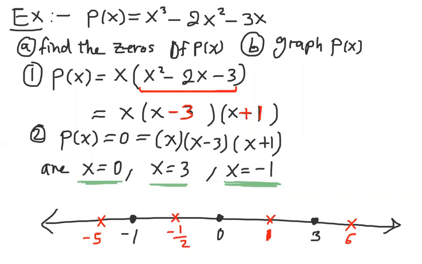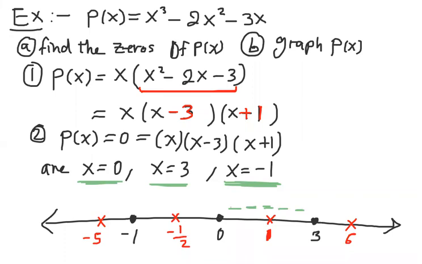Check by yourself, from 0 to 3 the sign will be negative. This is an exercise, check it by yourself. Just plug the 1 inside b of x, and it gives you a negative sign.